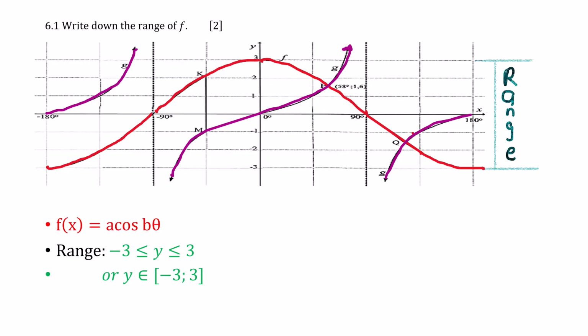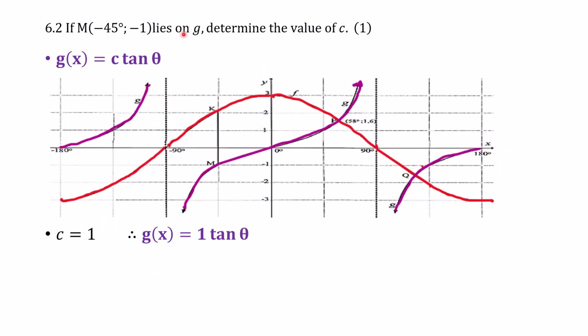Right, let's go to the second problem. Now if M is negative 45 and minus 1 and lies on g, determine the value of c. So this is minus 45 and negative 1. We should know the tan of 45 is normally 1, and the tan of negative 45 equals minus 1.